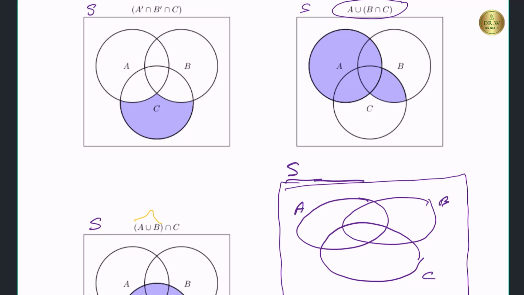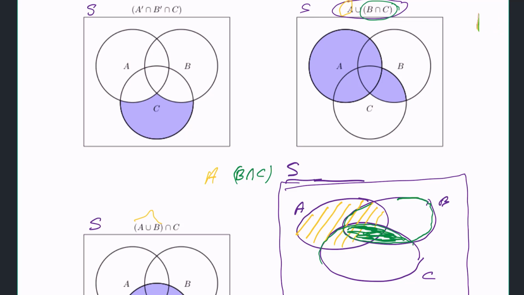Here we see A first. So I use A first. A is this. Then I go with B intersection C. You see that is the B. Then C is this one, right? So B and C intersection is this.